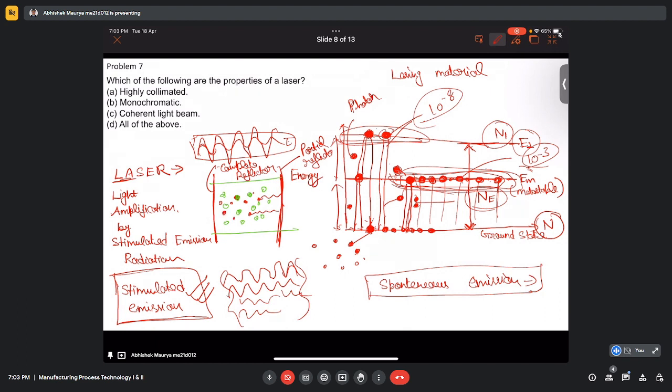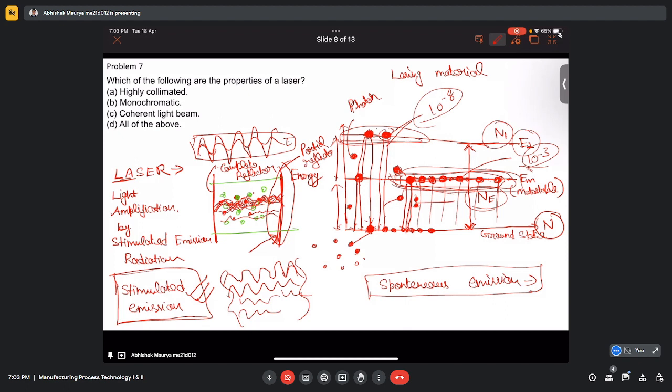By doing this, what is happening? As time is passing, the number of photons in the same phase is increasing. If the number of photons in the same phase is increasing, it means the light amplitude is increasing. I told you this mirror is partial. Partial means it has the property that after a certain intensity of light, it will not reflect.